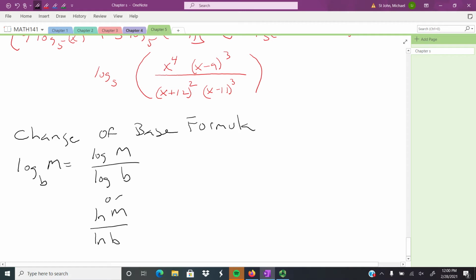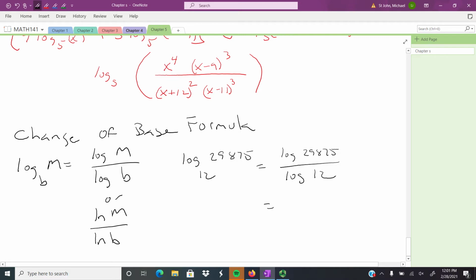Okay. So, for example, the log base 12 of 29875. This is going to be the same as the log of 29875 over the log of 12.